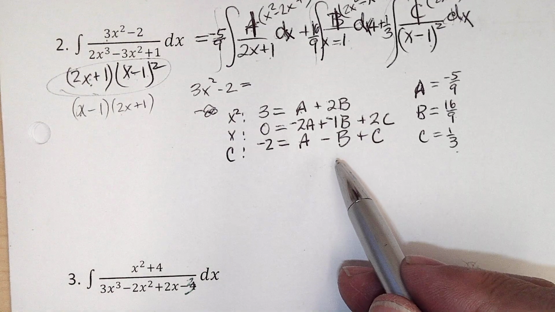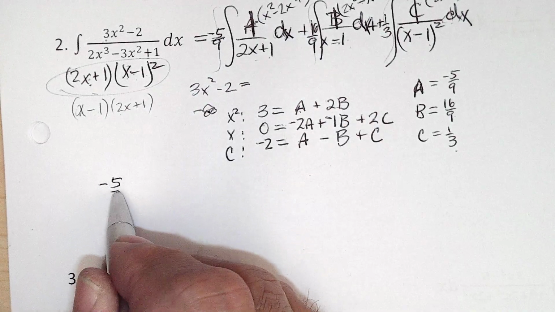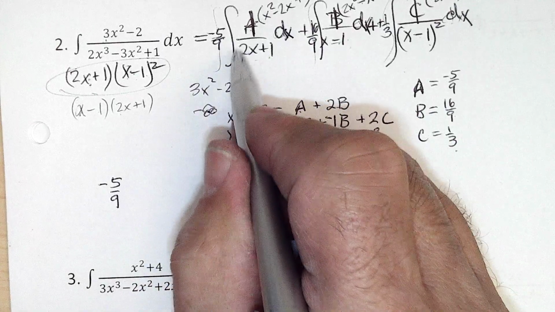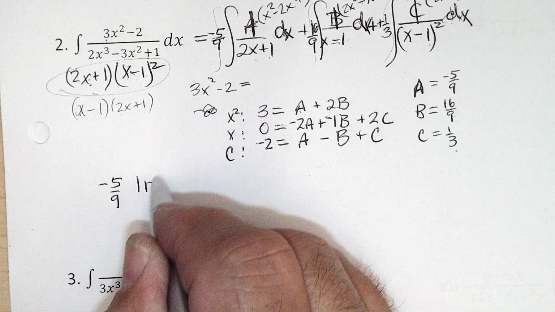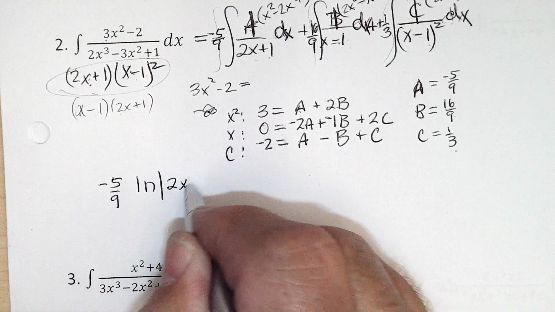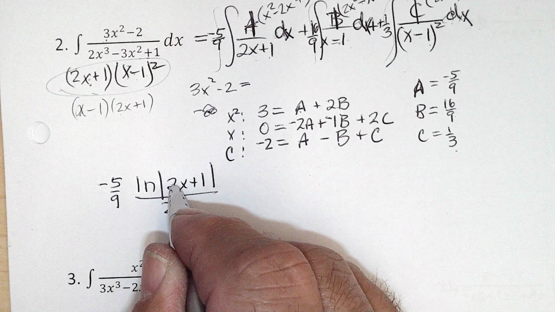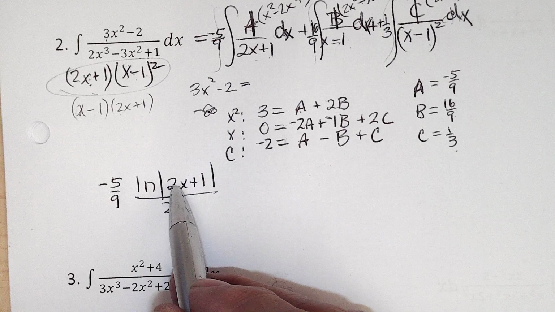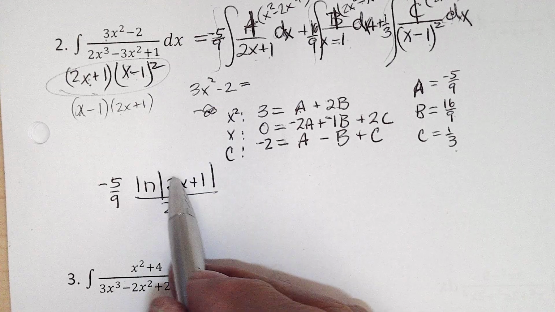Okay? So we get -5/9. The antiderivative of this, do a u sub for the 2x plus 1 if you don't see how this becomes ln absolute value 2x plus 1 divided by a 2 because of the 2 there. If you take the derivative of this, you get 1 over this times the derivative of the inside times a 2.